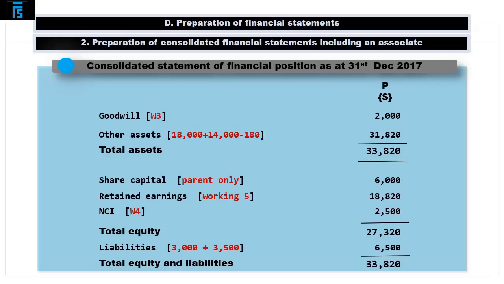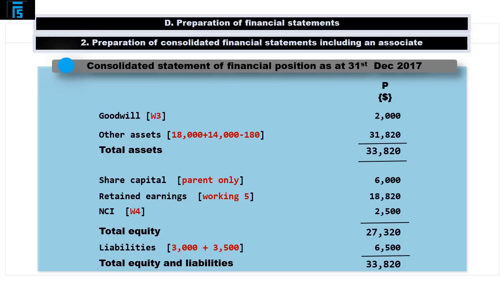€33,820. Moving on to the equity section, the share capital of the group is always the same as the share capital of the parent, so €6,000. The group retained earnings total derived in Working 5 was €18,820, whereas the carrying amount of non-controlling interest was €2,500 as computed in Working 4, producing an overall consolidated equity balance of €27,320.